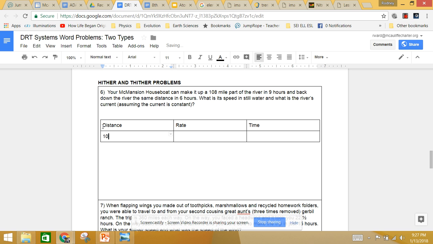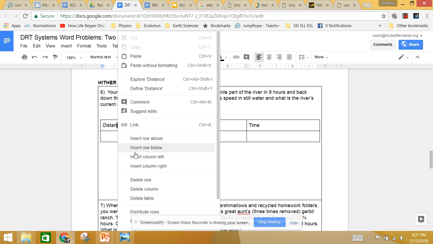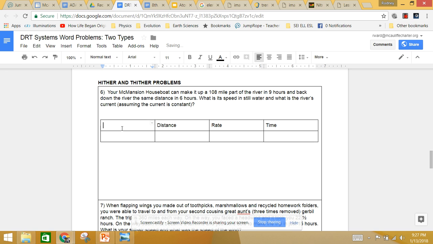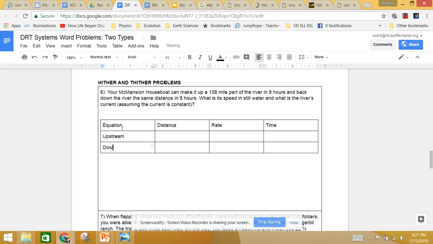So I'm going to actually add one more column, and this is going to be the equation. Okay, I've got an upstream, I've got a downstream in this problem. My upstream, my distance is 108 miles. My downstream, my distance is still 108 miles because I'm doing a round trip.